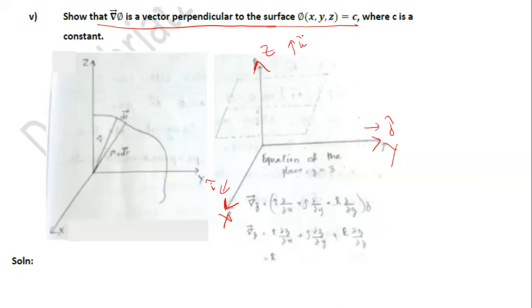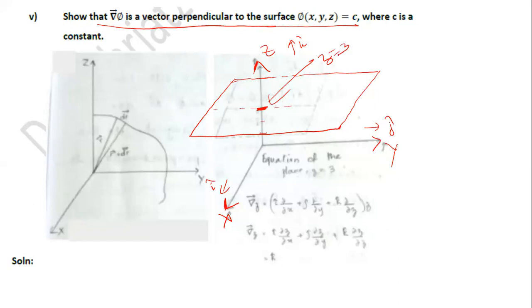Now let's say we have a certain plane like this, and this plane intersects the z-axis at, let's say, z equal to 3. It intersects the z-axis at 3.